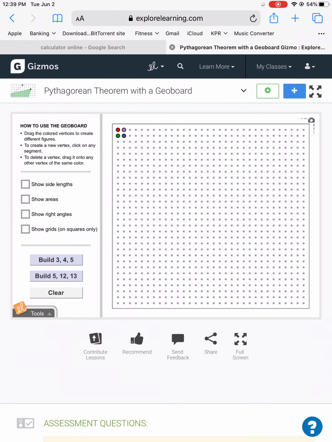With this, these dots from one dot to the next represent 1 unit. It's not like a centimeter or anything, so I'm sorry if you can't see it. I'm going to show side lengths. This can be very finicky because I'm on my iPad. I can't zoom in.